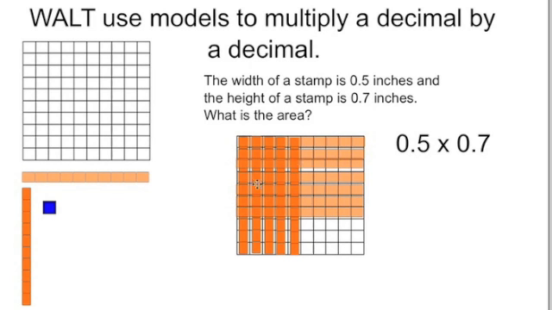So I would probably count it like 1, 2, 3, 4, 5, and then 1, 2, 3, 4, 5, 6, 7, and just multiply. That's 35. So 35 hundredths, right? Because it's out of hundredths. So that would actually be my answer.